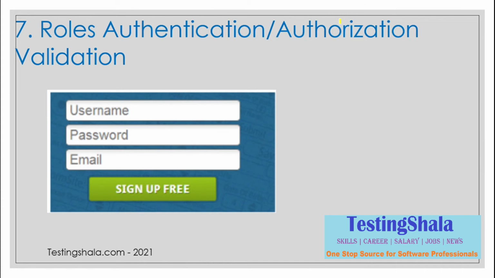If the same application is logged in by the manager, then you should see additional features compared to the test lead. Then a senior manager, if he logs into the same application, should see the test lead's functionality as well, then the manager's functionality as well, and the senior manager will have his own features as well.